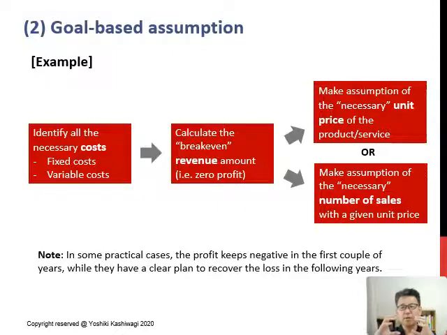Once you know the minimum revenue, then you can make your assumption of what is the number of sales and what is the right price of the product. Because the revenue is a multiplication of the unit price and number of sales. So once you know the revenue you have to achieve at minimum, then you can get the minimum price and the minimum number of sales. Okay, this is how it works.